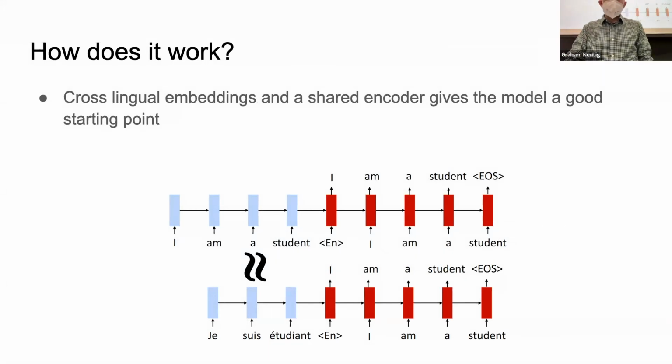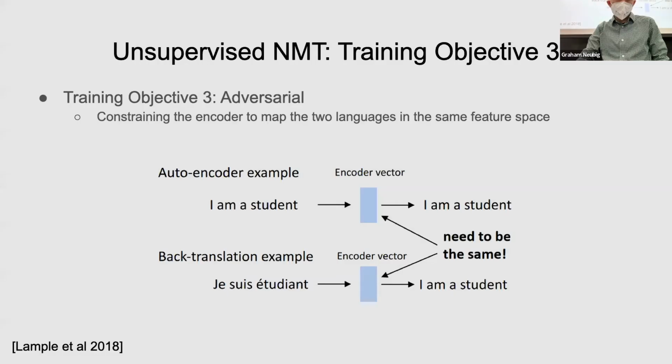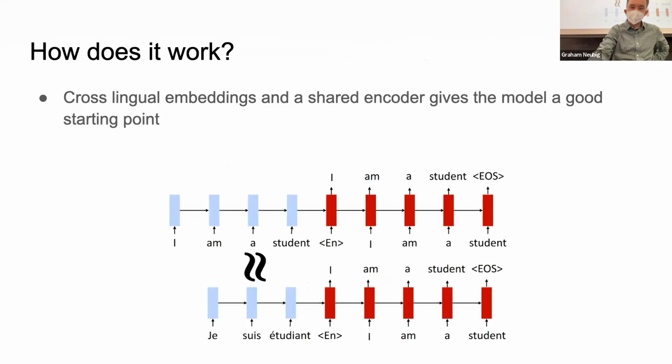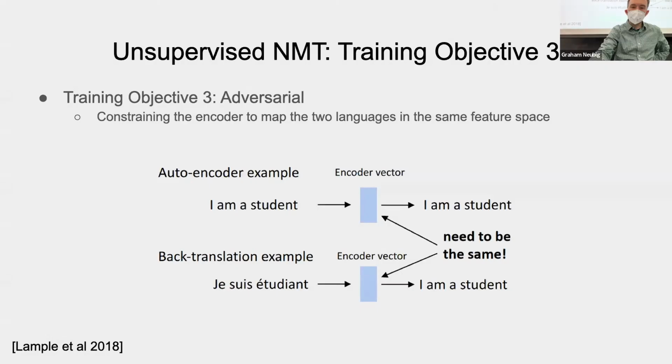The reason why it works is, as I said before, cross-lingual embeddings and the shared encoder-decoder give the model a good starting point where translating from this is similar to translating from this here. Another objective that people use to further enforce this is an adversarial objective.